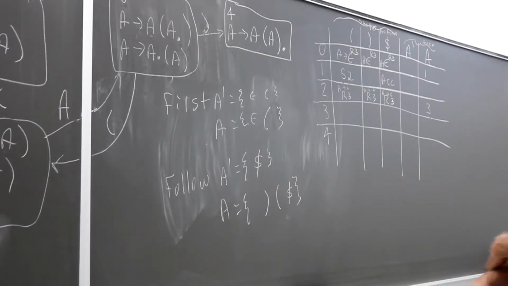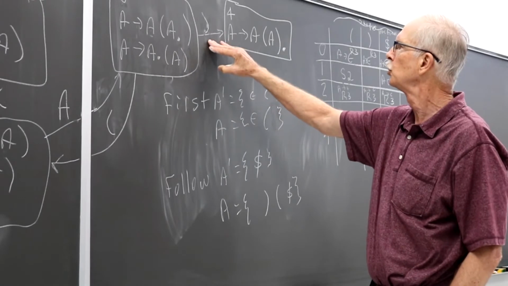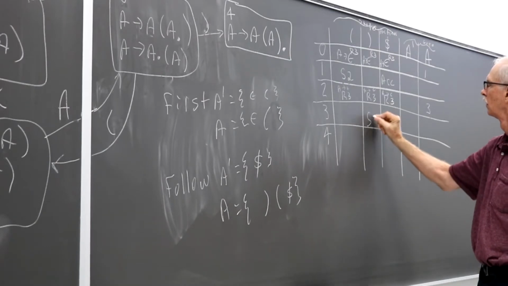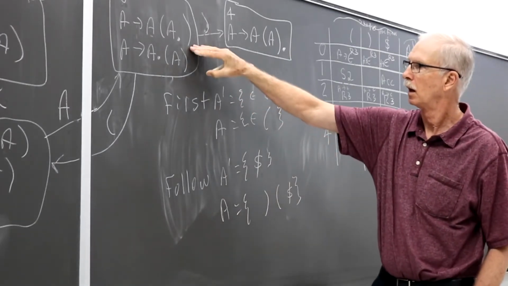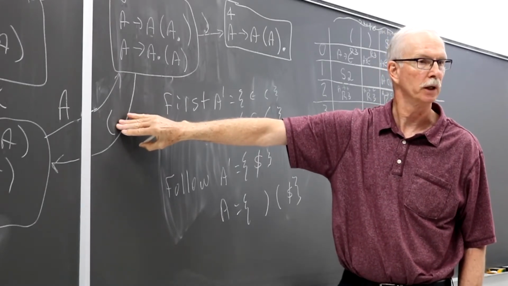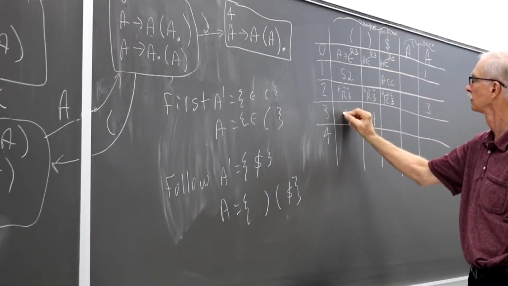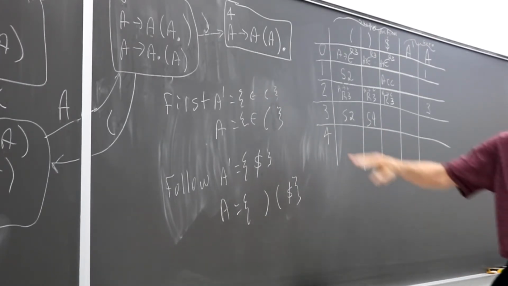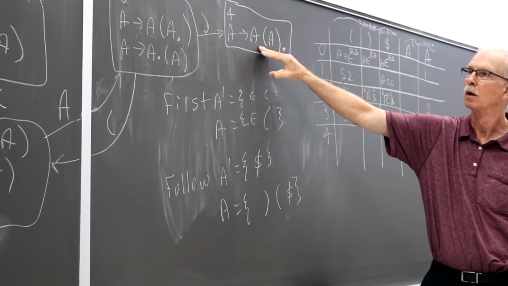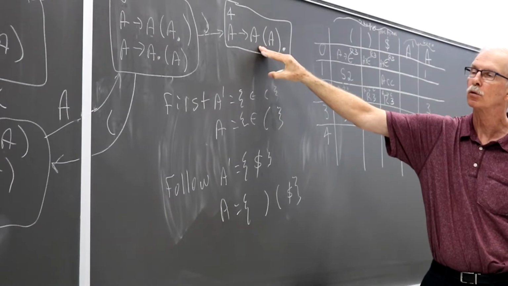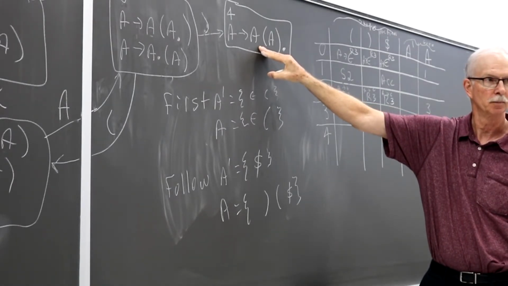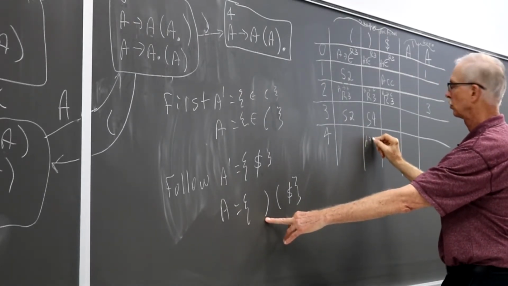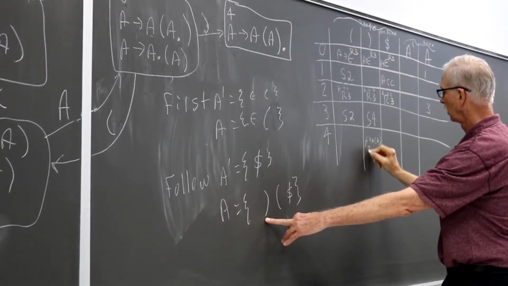Anyway, item set 3. Shift 4 on right paren. Shift 2 on left paren. Okay, item set 4. Reduce by rule 2 on the follow of A. And so right paren, A goes to A paren A, or rule 2.